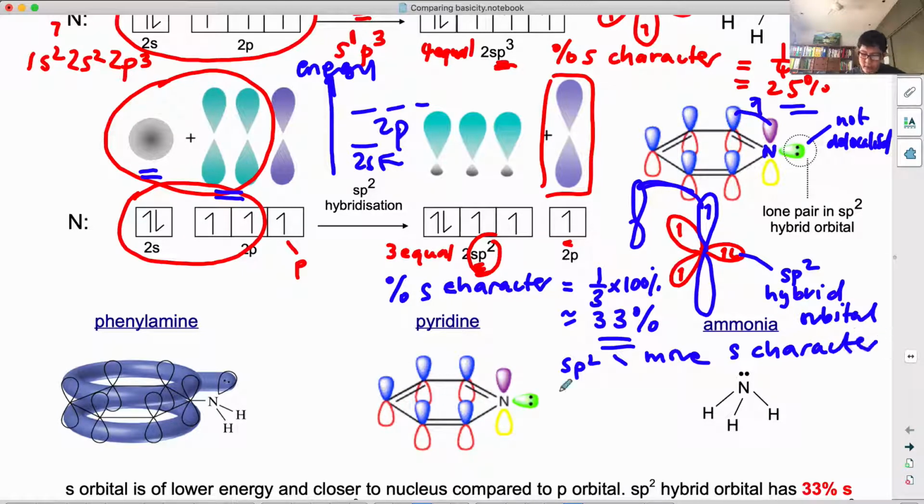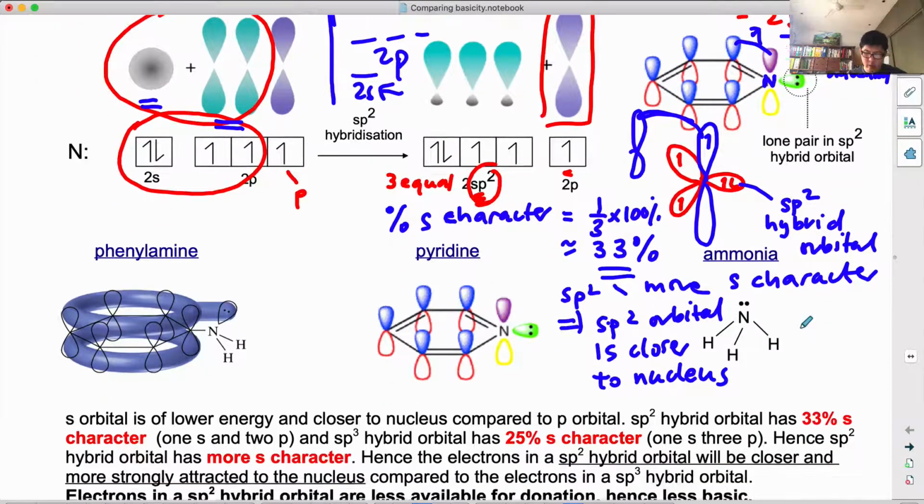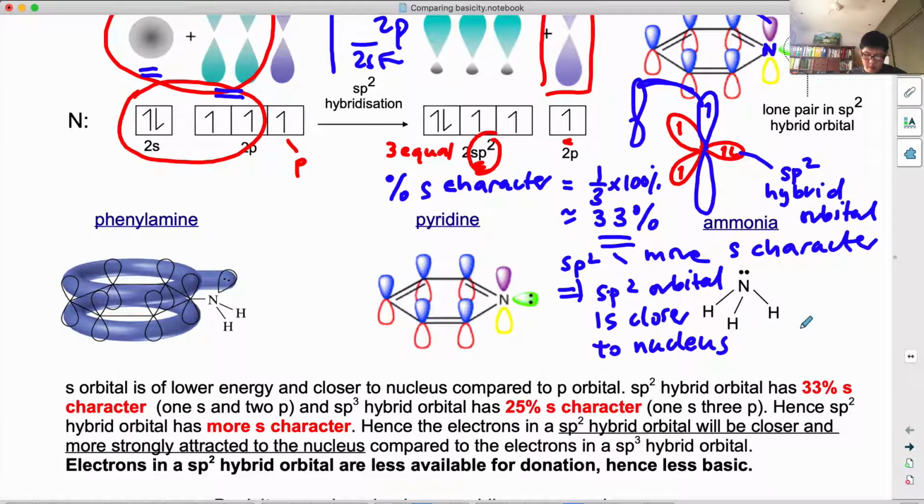So what does it mean? It means the sp2 orbital is closer to the nucleus. This is a very important concept. The s orbital is of lower energy and closer to the nucleus compared to the p.